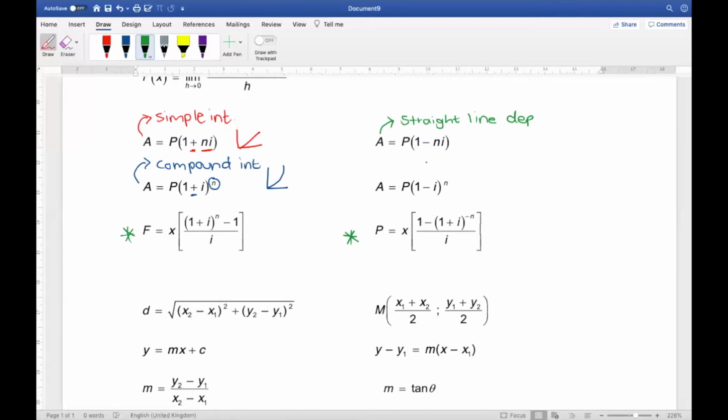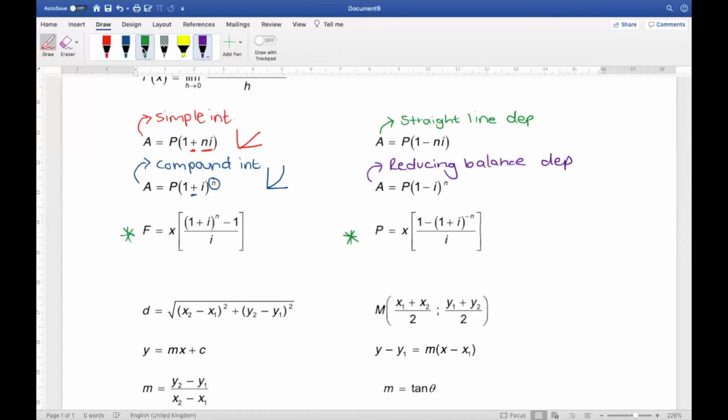Now, there's a few things that I just want to mention about depreciation, but let's just label these important graphs here. So let's go here. This one is my reducing balance depreciation. Okay, and again, I know it's depreciation because it's negative, and I know it's the reducing balance because it's being taken to the power of N.